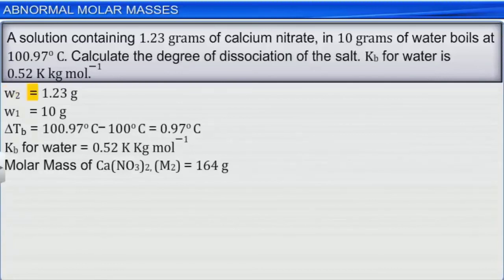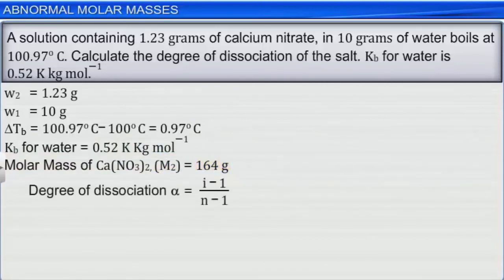W2 is equal to 1.23 grams. W1 is equal to 10 grams. Delta Tb is equal to 100.97 degrees centigrade minus 100 degrees centigrade, which is equal to 0.97 degrees centigrade. Kb for water is 0.52 Kelvin kilogram per mole. Molar mass of calcium nitrate, M2, is equal to 164 grams. The degree of dissociation needs to be calculated.